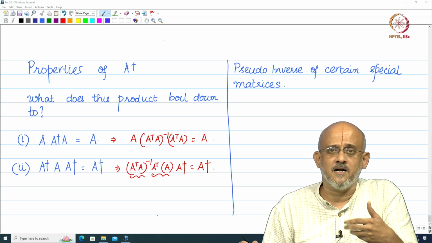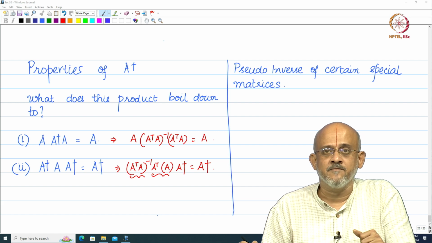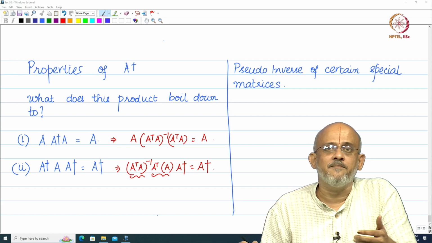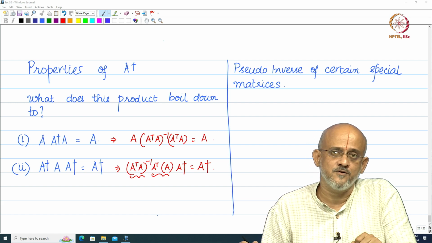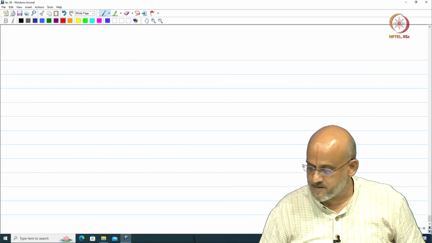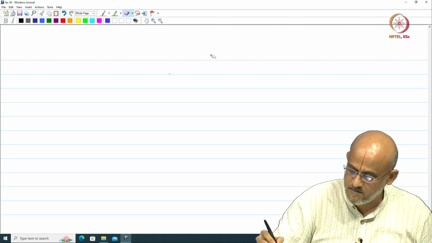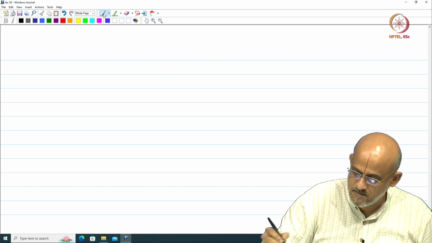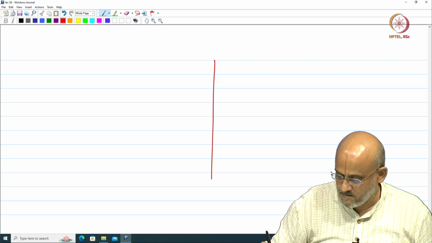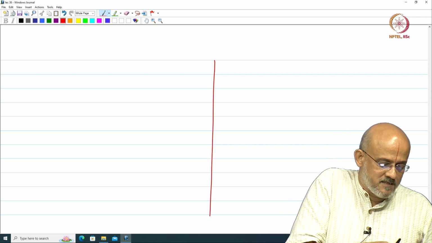Now, in that case the column space of A and the column space of A transpose both are Rn. In that case, what happens to the pseudo inverse? So, those are the things that we are going to look at. So, let us look at some of these special matrices. What are those special matrices that we are going to consider?